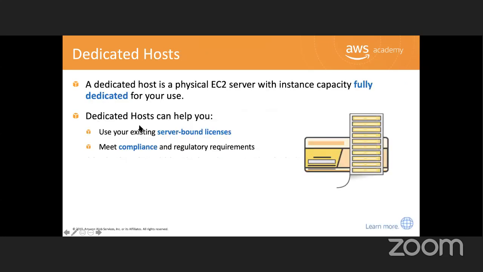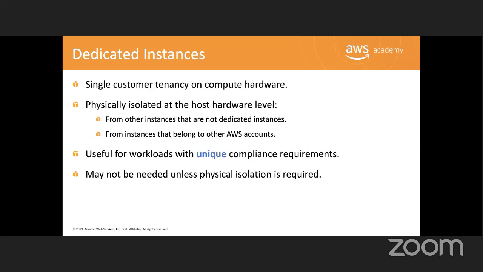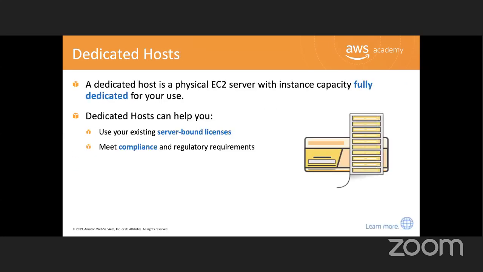Right? So a dedicated host is a physical EC2 server with instance capacity fully dedicated for your use. So an instance is just a computer. A host is a platform. It's a server where you can put different computers. That is the difference. Now, we have to request a host, like we said before.